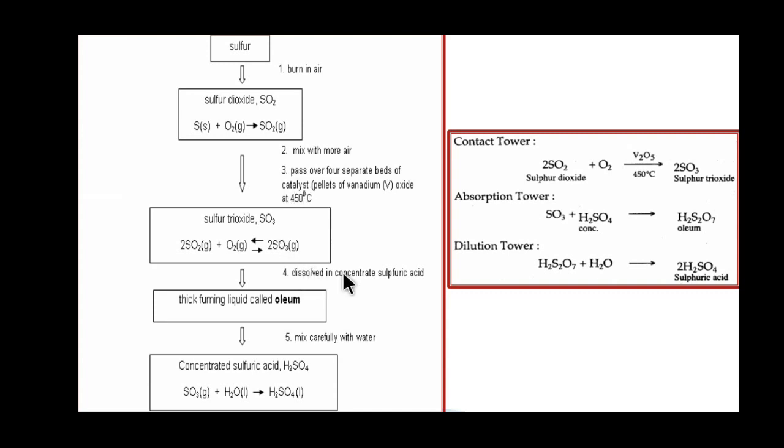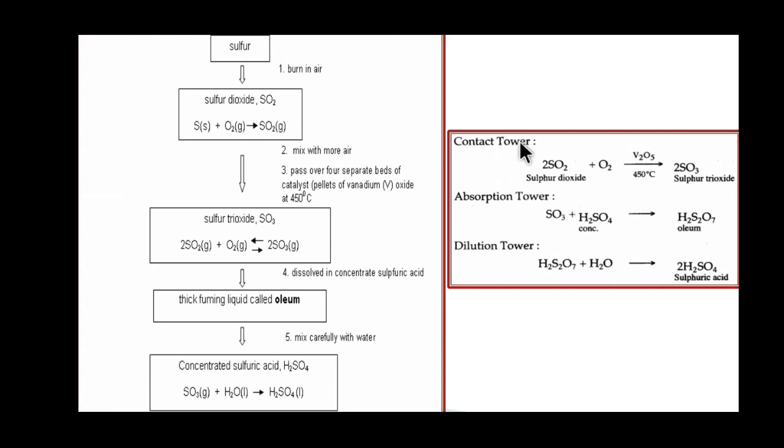And further it is dissolved in concentrated sulfuric acid, it produces the compound oleum with the molecular formula H2S2O7. Generally this compound is a thick fuming liquid. And next we mix it with water, it will give the product H2SO4. It is a process of method.